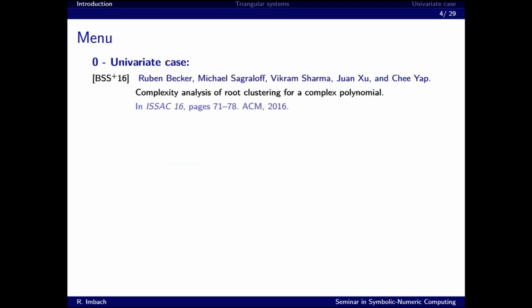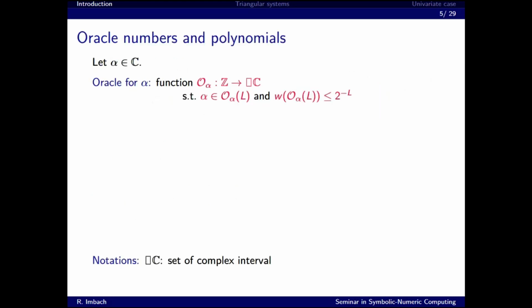Okay, so let's give an outline on the basic tools for the univariate case. For this, let me introduce some concepts on numbers I consider. For a complex number alpha, I call an oracle for alpha a function that maps an integer n to a complex interval that contains alpha and has width less than 2 to the minus n.